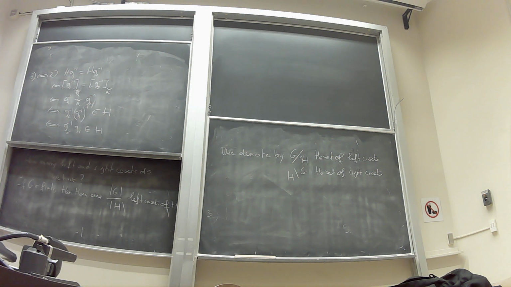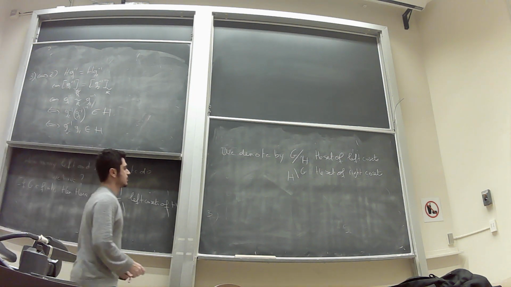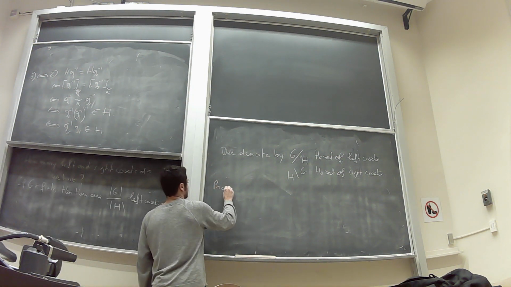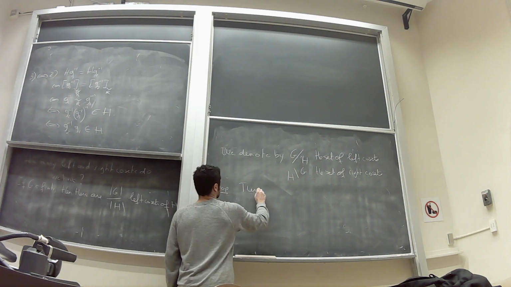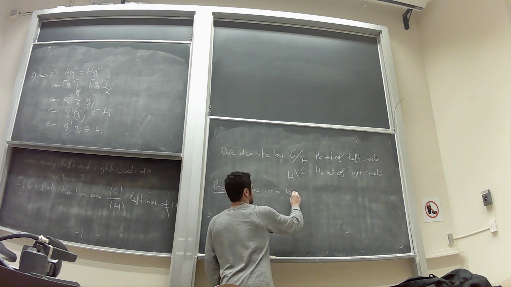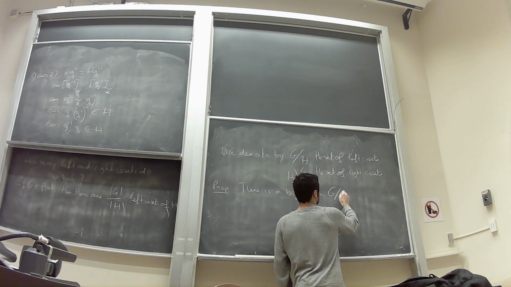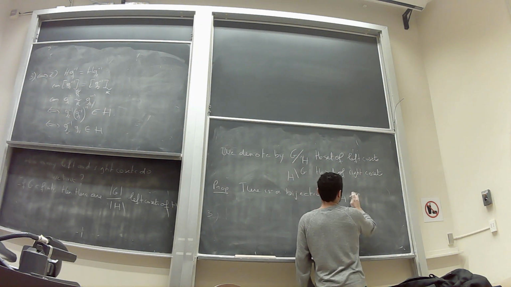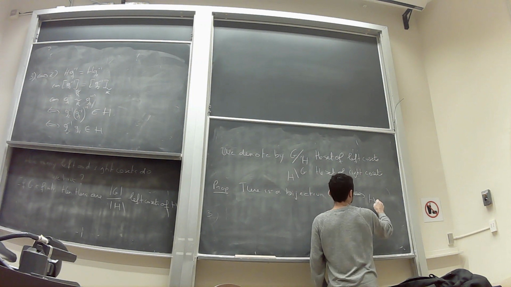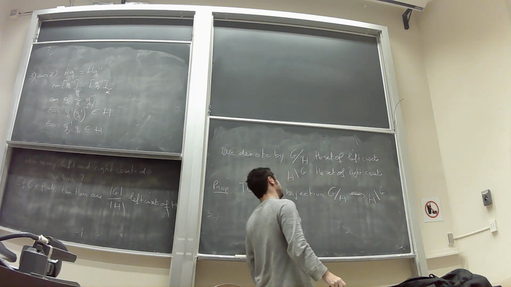Okay. Proposition. There is a bijection between G mod H and G mod H on the right.